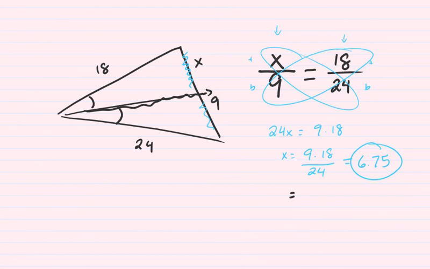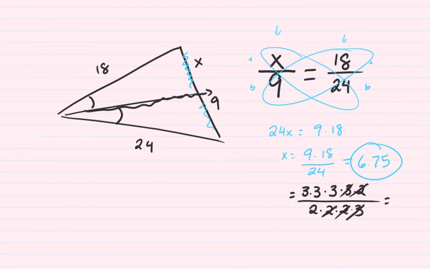I know 9 is 3 times 3, and I know that 18 is 3 times 6, and 6 is 3 times 2. So let's see how far I can break 24 down: 2 and 12, which is 2 and 6, which is 2 and 3. So I can start crossing some stuff out now.